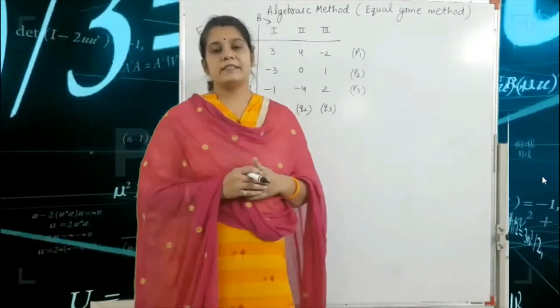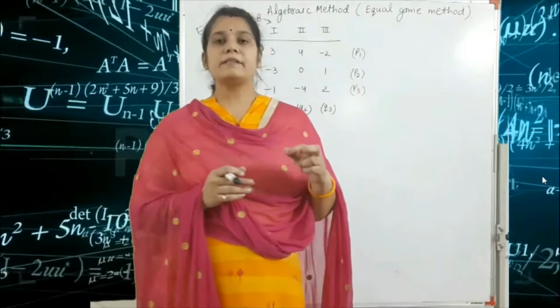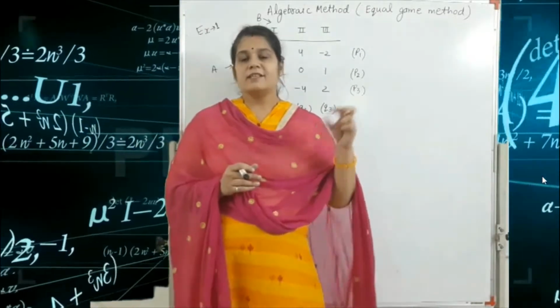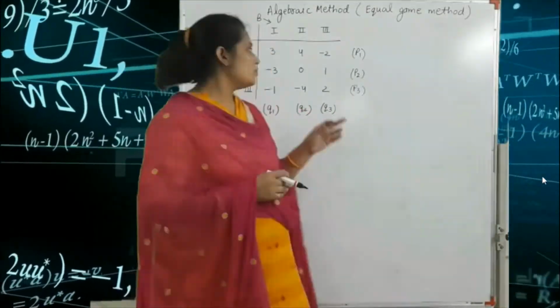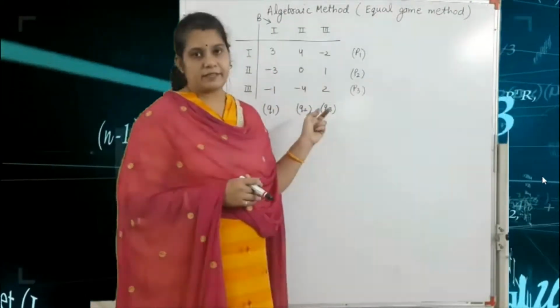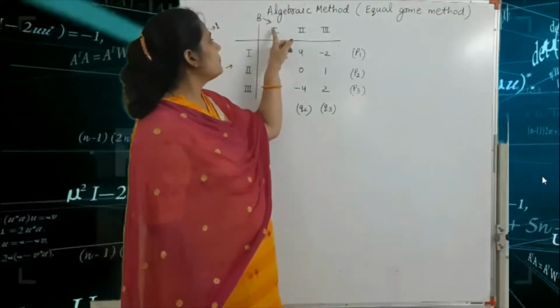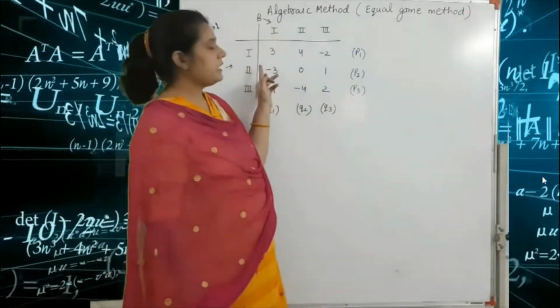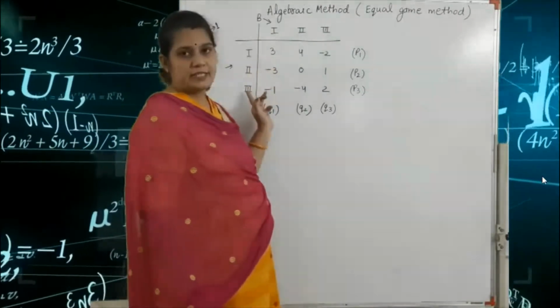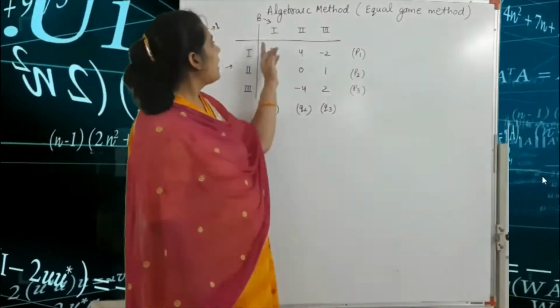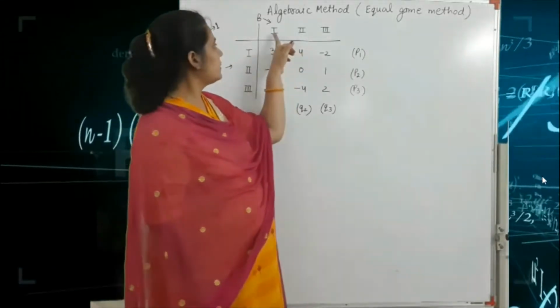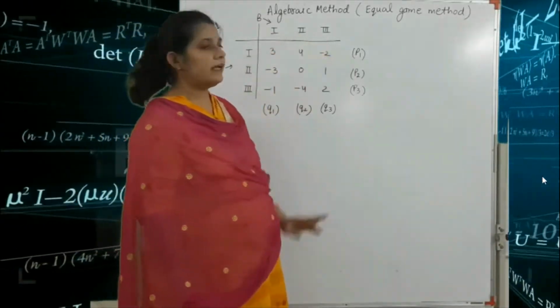This method is very lengthy, but something different according to this algebraic method. So this is a 3 by 3 matrix, with player A and player B. Player A has 3 strategies: first, second, third, and player B has 3 strategies: first, second, and third.